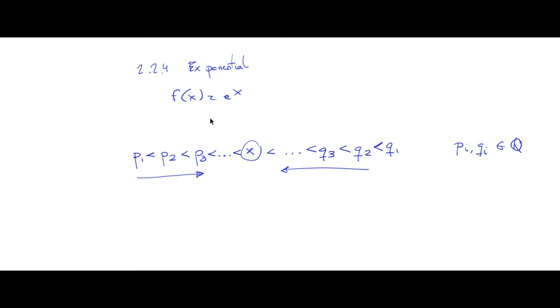Okay. So now the definition of e to the x is just this thing, but applied to the exponential of these numbers. We have a sequence, and we will see what sequences are next unit. So it's a sequence of the exponential of rational numbers that we know how to compute.